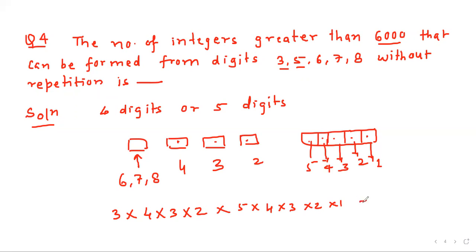But here we can't multiply. Here there will be addition. So it will become 72 plus 120, which is 192 ways. Why addition? Because both are separate, 4-digit number and then 5-digit number, then total sum.